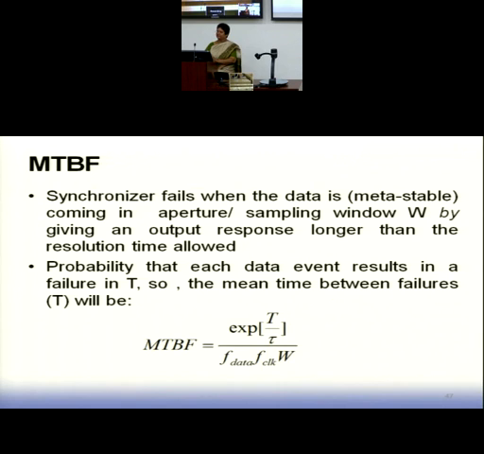In the synchronizer, when data is sampled in that sampling window, it gives the output response in a time longer than the resolution time allowed. It does not give you a stabilized value within the time allowed. So this expression is now very critical to us. Remember that.